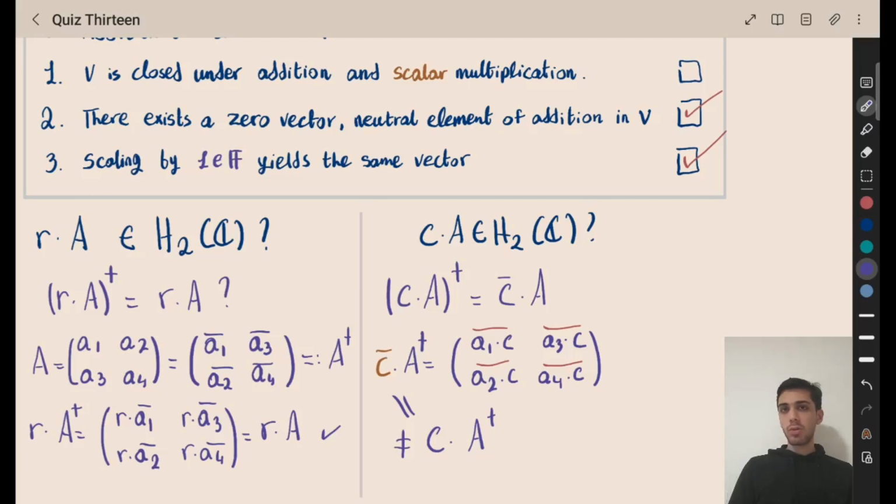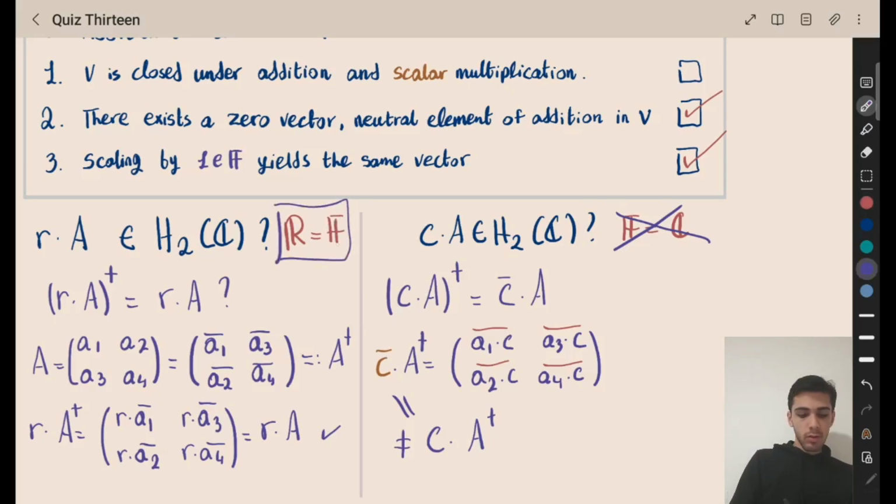So the space is not closed under scalar multiplication. And if it's not closed under scalar multiplication, then the choice of field to be C is imprecise, but we can choose R to be our field comfortably due to the neutrality of the real scaling property with the complex conjugation.